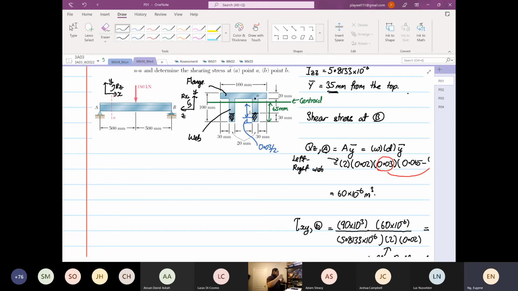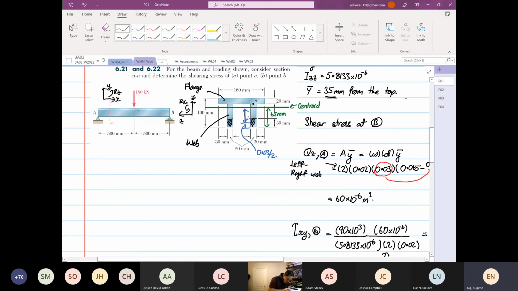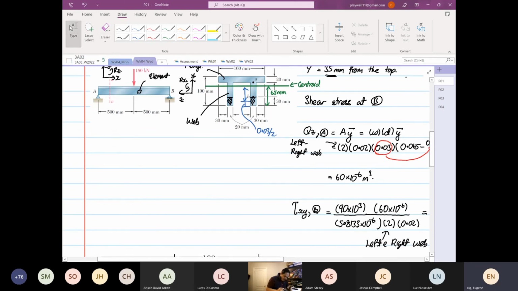You just need to recall, I don't think it's difficult. So watch this. If I were to place an element down here, I'm going to draw that element in 3D now.